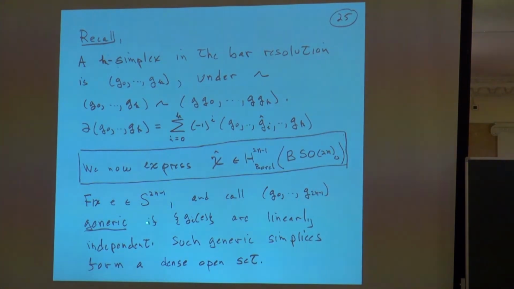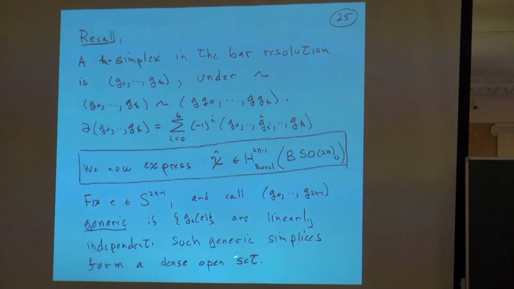I want to show how you get that in the bar. So fix a point in the (2n minus 1)-dimensional sphere, and we'll call a simplex generic if when I apply each of the g_i to this element e, let's say the North Pole, I get a basis. I get linearly independent vectors.